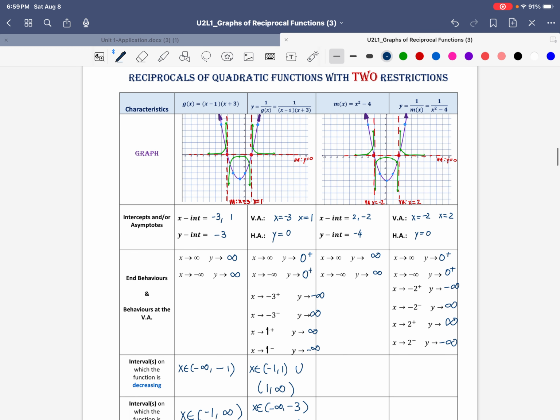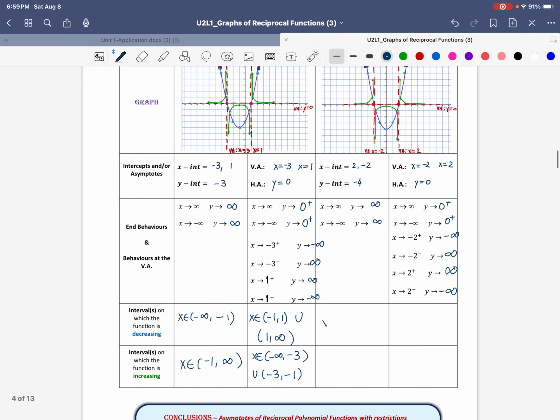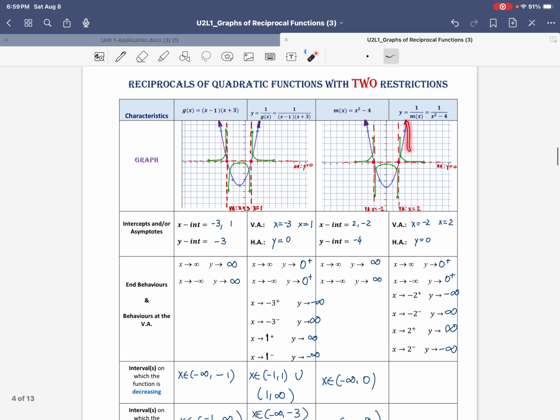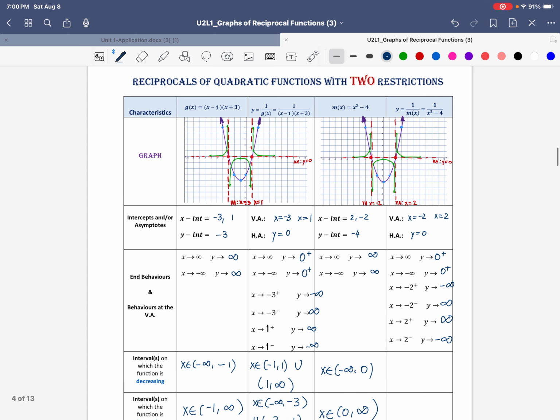Increasing and decreasing intervals, you see that this parabola is decreasing from negative infinity to 0. And it is increasing from 0 to infinity, as you can see, from x equals 0 to infinity. So these are the values of x. Now, the intervals of increase for the reciprocal would be, this is increasing, and this is increasing as well.